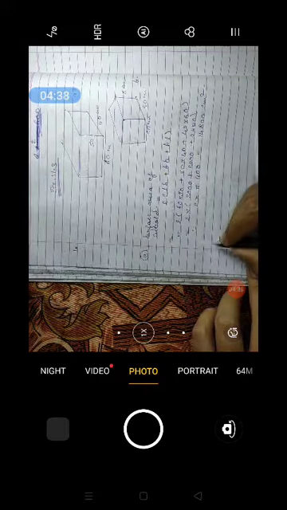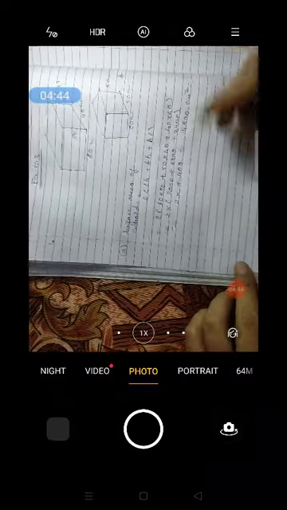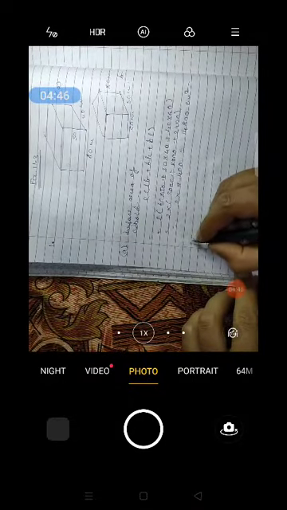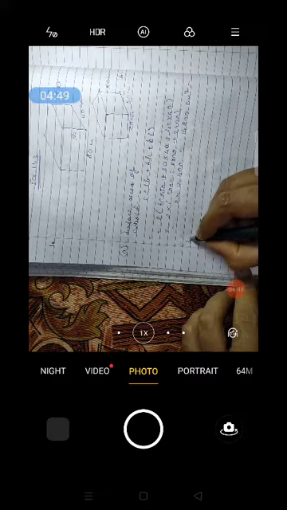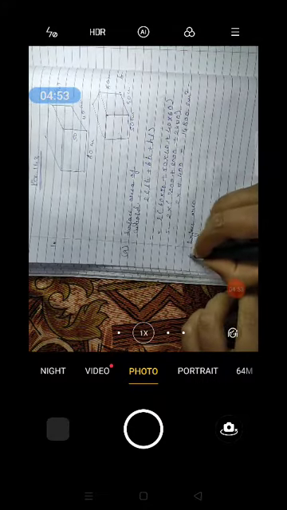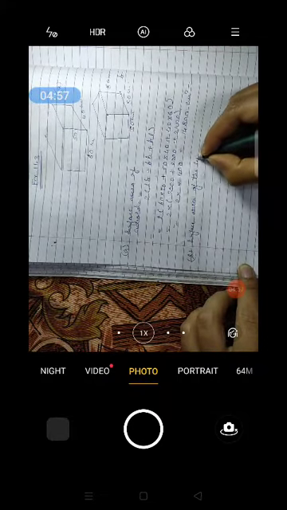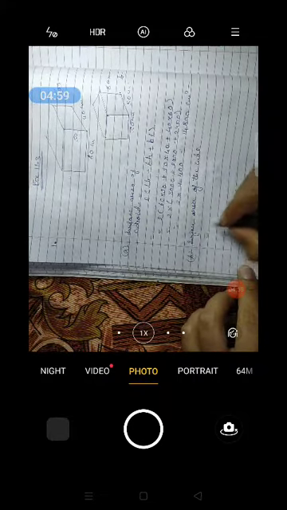Now we'll be calculating the surface area of the cube. Here B will come. Surface area of the cube we are going to calculate. So how much is the surface area of the cube?